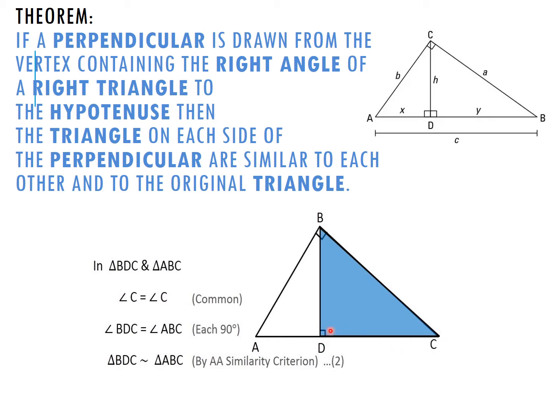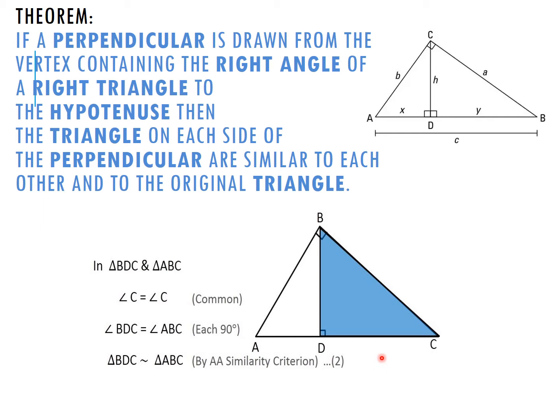Again, at point D, we can see in the blue triangle we have 90 degrees, and for the entire triangle ABC at angle B we have a 90 degree angle. So two angles are equal for the two triangles. One set is 90 degrees, another set has the common angle. So by the AA similarity criterion, we can say these two triangles are similar.